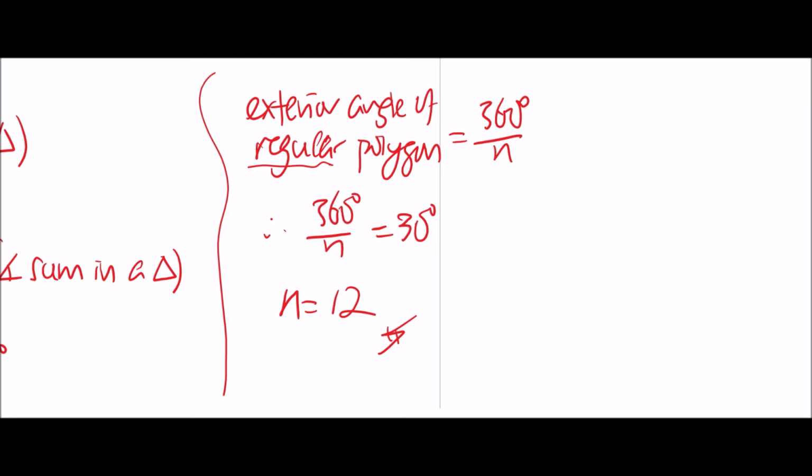Okay, the sum of exterior angles in a polygon is 360 degrees. We don't know what n is, that's what we are supposed to find, but we do know that each exterior angle is 30 degrees. So by doing that, you can straight away find n to be 12.